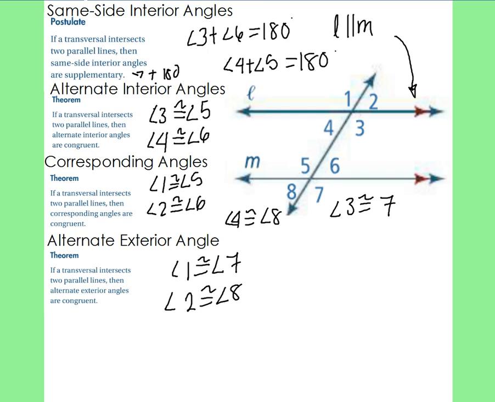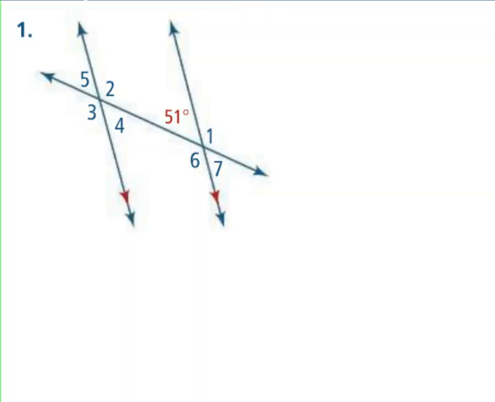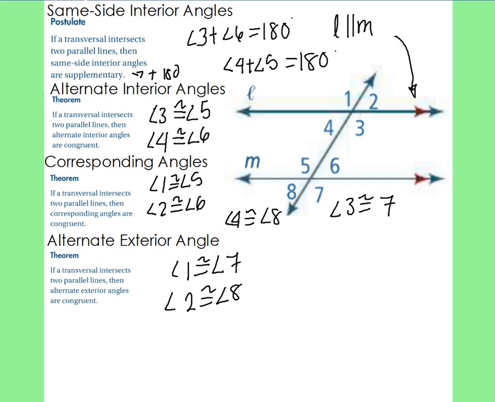Okay, so here's my first kind of example. Okay, so what we're going to do is we're going to be given an angle, and we're going to have to find out how much each of the other angles is, their measures, okay?